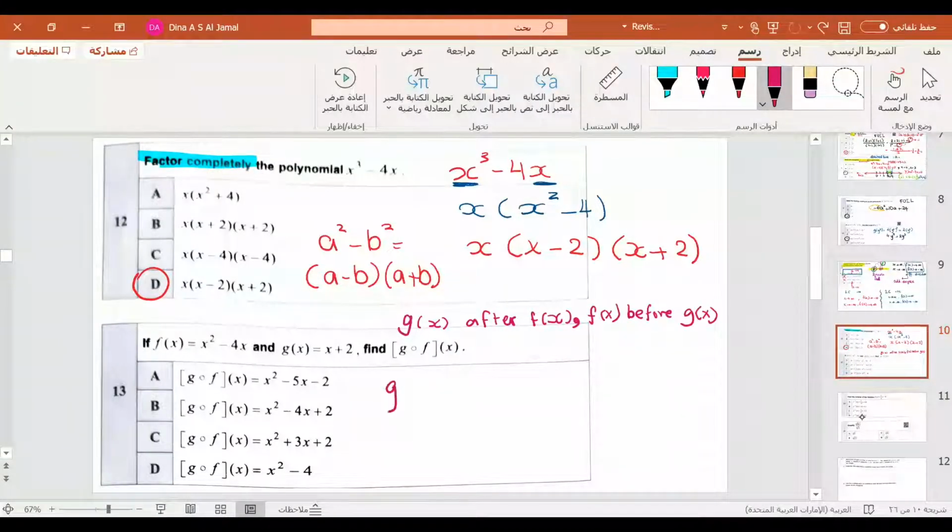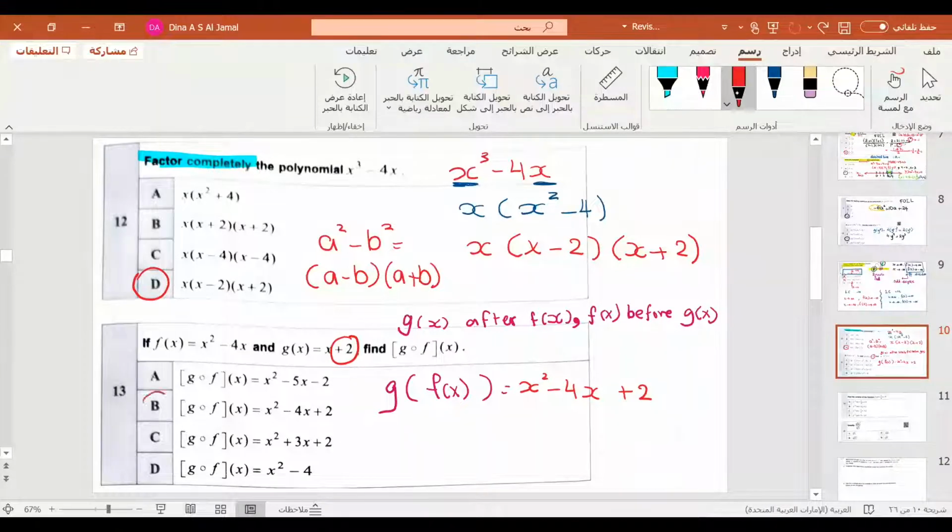So put f of x inside your g of x. Now you will remove each x in the g of x and you will put your f of x. If I did so, I will go to this x, remove it, and put my new x as the f of x. So let's do this. It will be x squared minus 4x plus 2. That's it. And this is your option B.